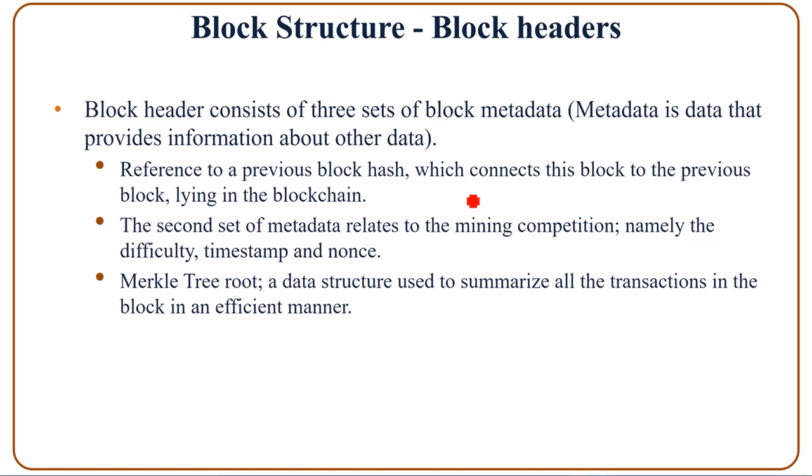The first is the previous block hash, which is a pointer pointing to the parent block. The second is related to the mining computation, including the difficulty, timestamp, and nonce. And the last is a Merkle tree root, which is a data structure used to summarize the transactions in the block.